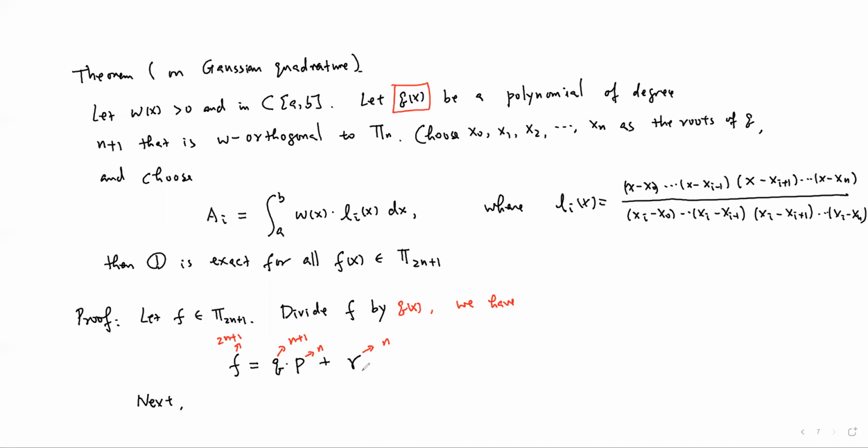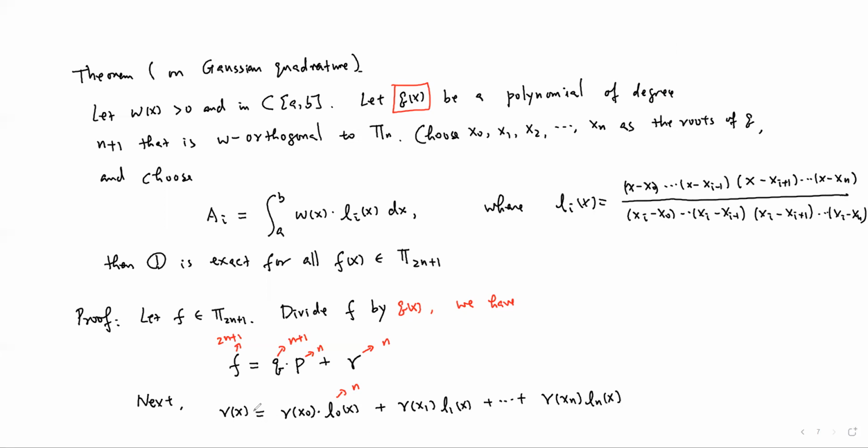Next, write the polynomial R in Lagrange form: the value of R at x0 times its cardinal function, plus R(x1) times its cardinal function, and so on, up to R(xn) times its cardinal function.